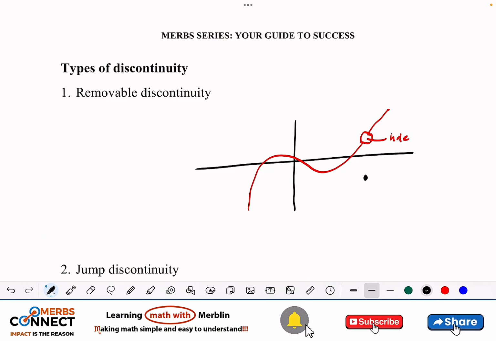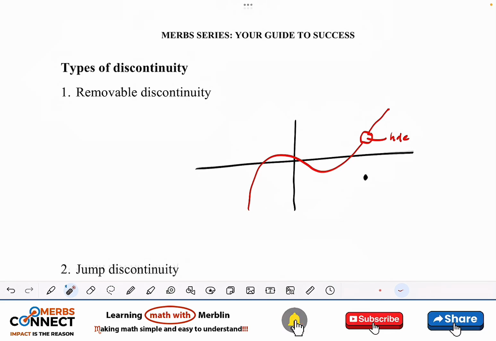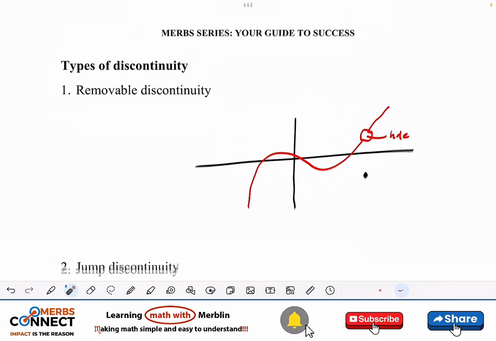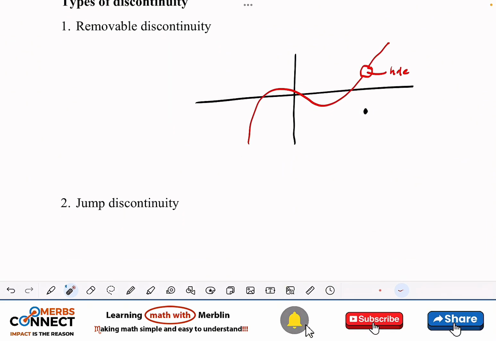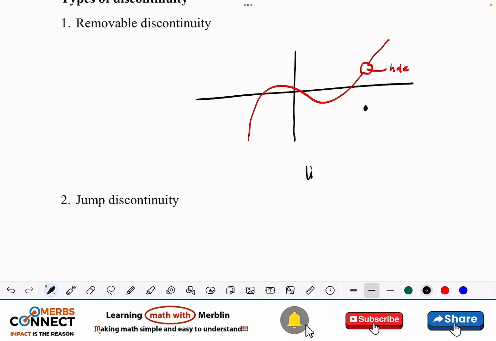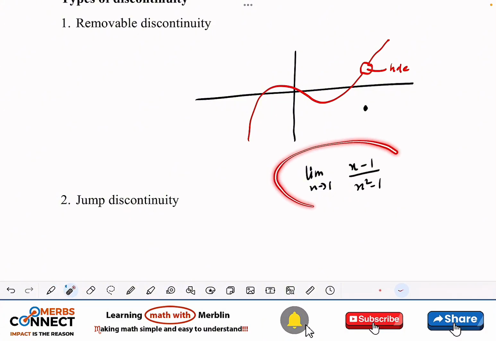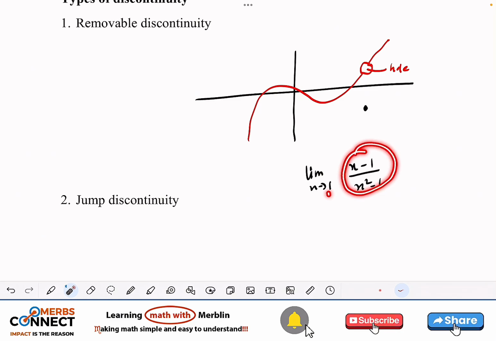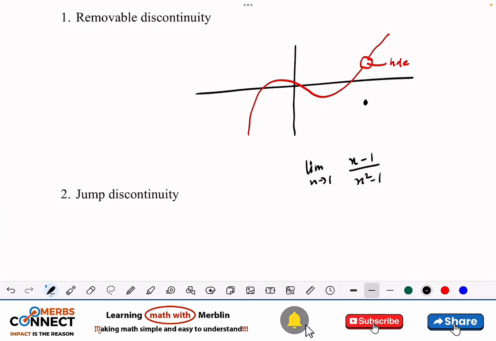So remember continuity: anytime I have a removable discontinuity, we know that the limit exists there because it's removable. For example, find the limit as x is approaching 1 of (x minus 1) divided by (x squared minus 1). When I plug in 1 directly, it does not exist. But when I evaluate the limit, you will see that the limit exists. So the limit exists because there is a hole here, and we are just taking that one out.